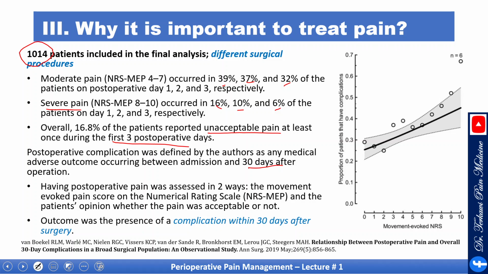The outcome was the presence of complications within 30 days after surgery. And as you see in the graph here, the more severe pain you have, the more you increase the proportion of patients that have complications.